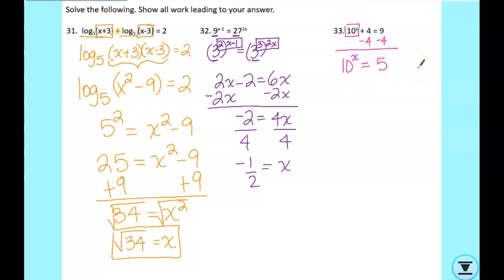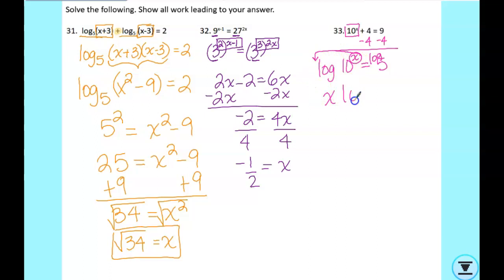So in order to figure out what x is equal to, we need to take the log on both sides. So we're going to take log on this side, and whatever we do to one side, we have to do to the other. And when we do that, remember, this is the power rule, that x is going to become the coefficient.